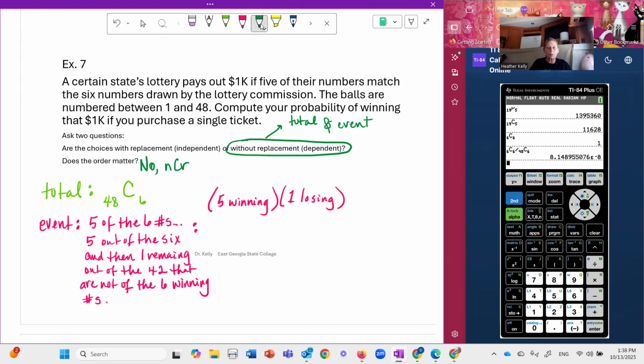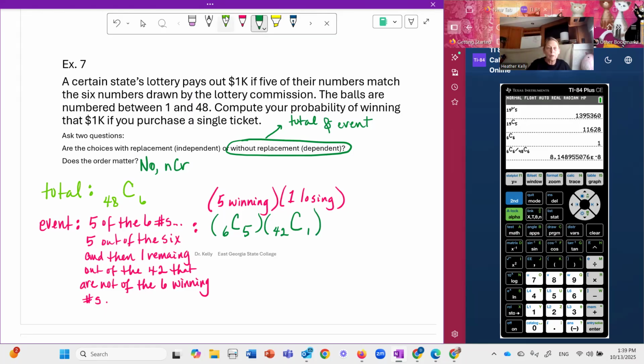The probability of getting all 6 winning numbers was 6 choose 6. So the probability of getting 5 is going to be, of the 6 numbers, we only got 5, and that is going to be multiplied by, of the 42 remaining numbers, we chose 1.